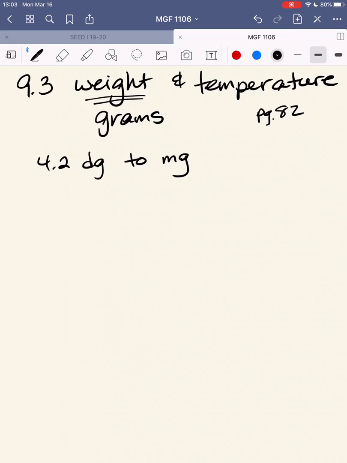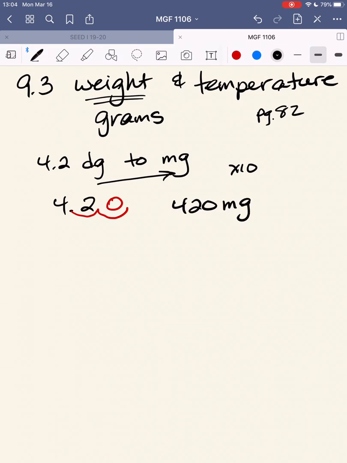Decigrams are bigger, and I'm going to milligrams, which means I'm going to multiply by powers of 10. So I have my 4.2, and I have to move my decimal over 2 places, and so I end up with 420 milligrams.